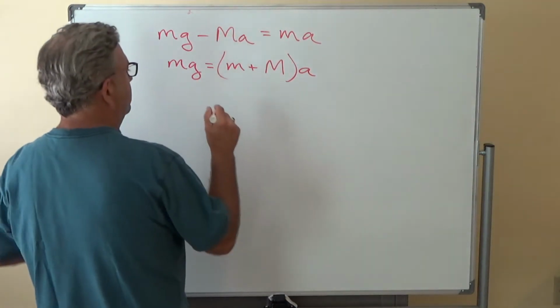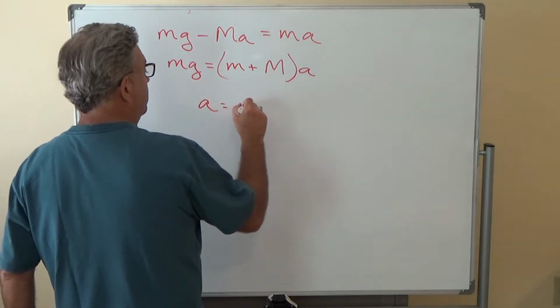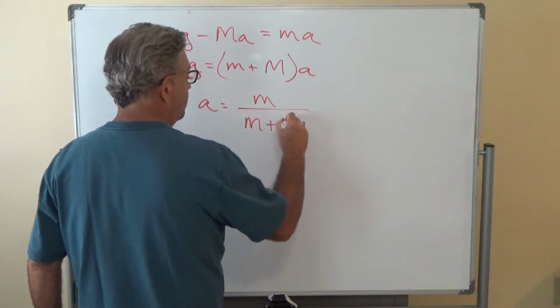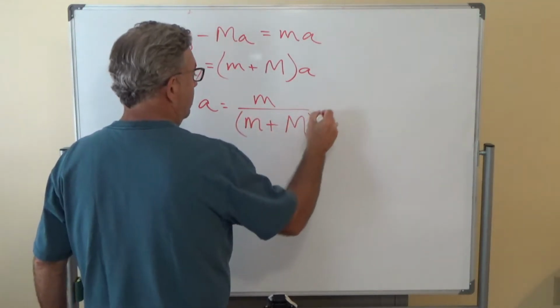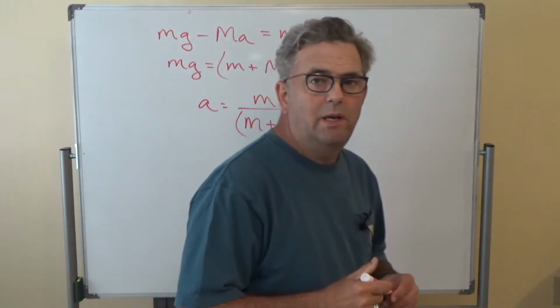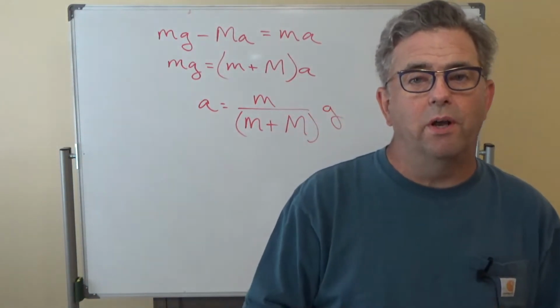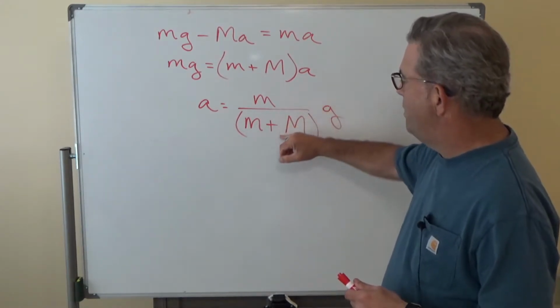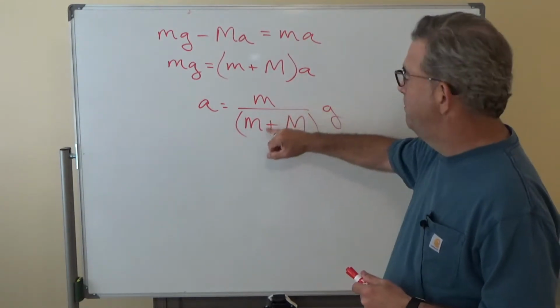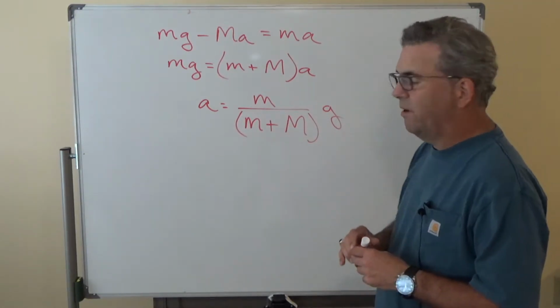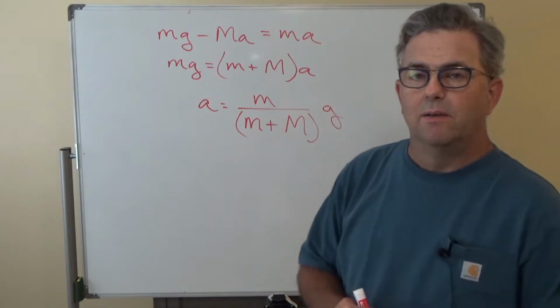That is a is equal to little m over little m plus big M times g. Okay? It's some portion of the acceleration due to gravity. It's that ratio of little m to little m plus big M times the acceleration due to gravity.